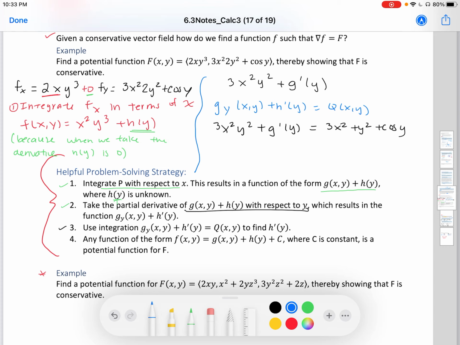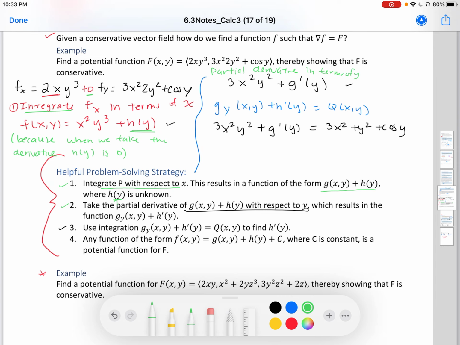So we took two parts. We integrated in terms of x, and then we took the partial derivative with respect to y, right? So those are the two parts we have. We integrated, and we took the partial derivative in terms of y.